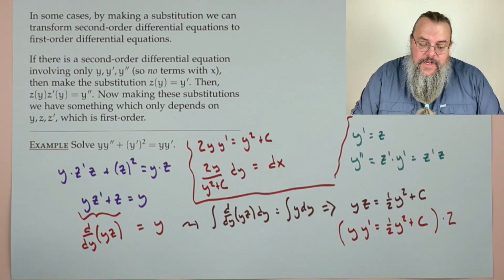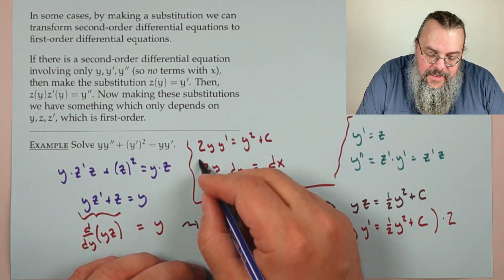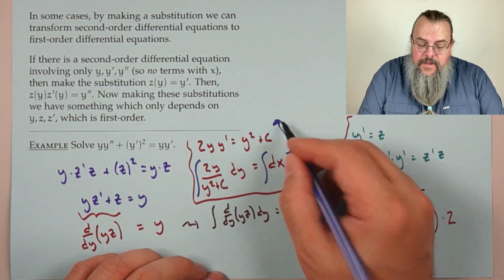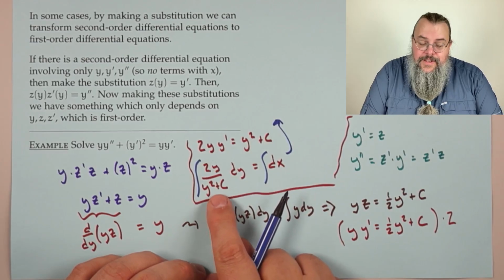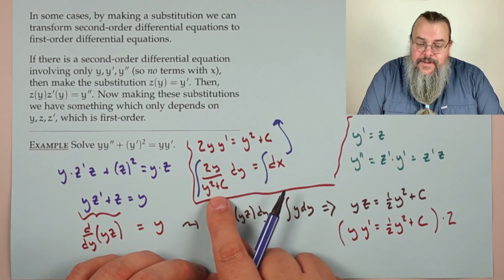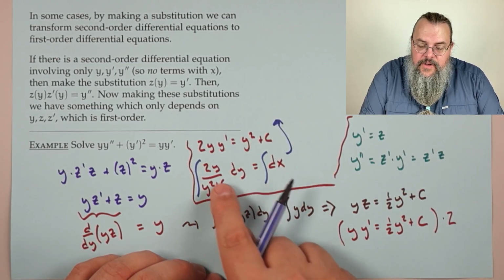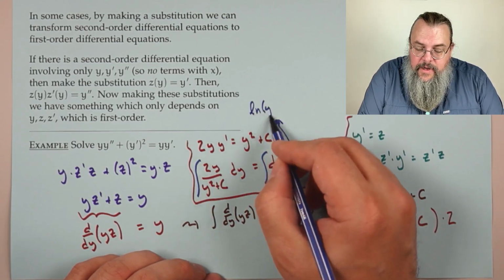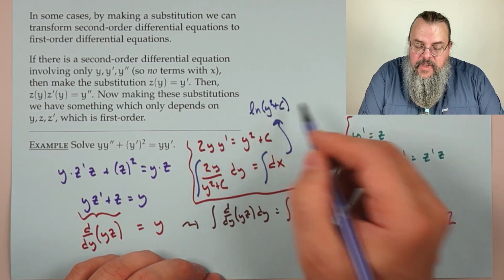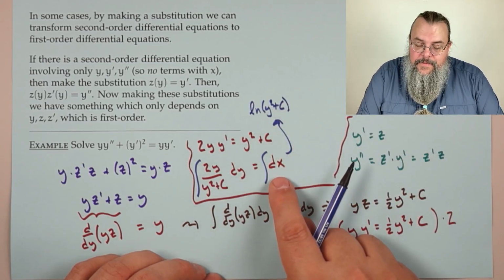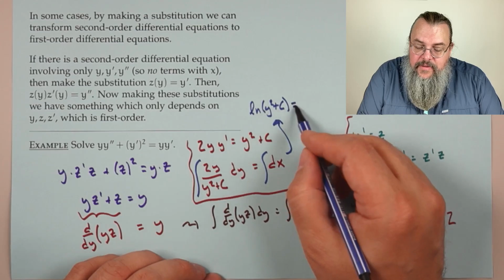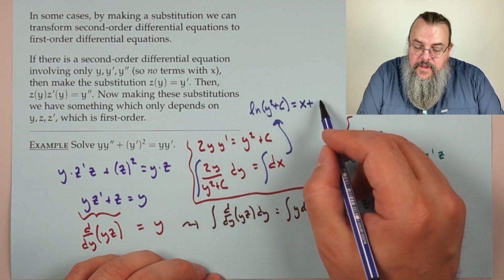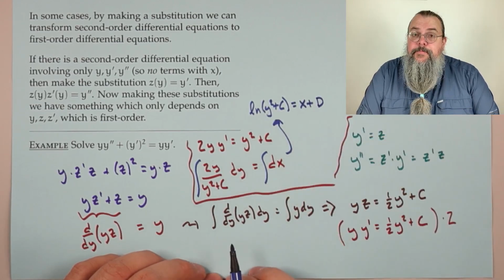Now we've separated, so we can integrate both sides. And doing that, we say, okay, we recognize that. That's a log, right? Because we have function downstairs, derivative upstairs. So log of y squared plus c. Over here, we have the integral of dx. Well, that's x plus a constant. Well, I'm already using c, so I'll use d.